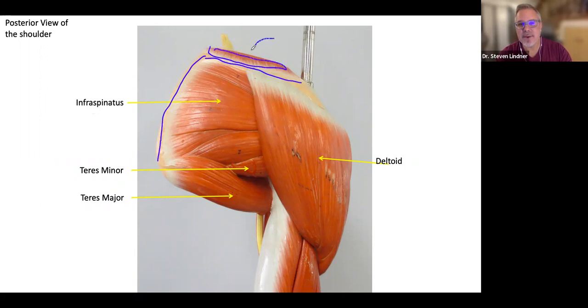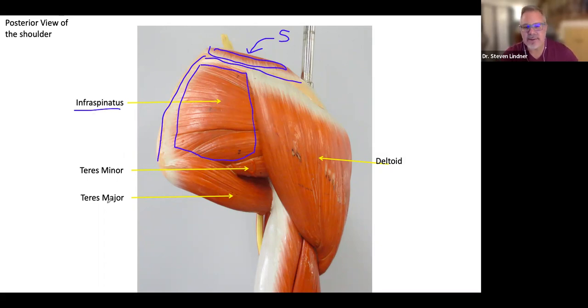And then deep to it, which we really can't see, that would be the supraspinatus. If it was tilted a little bit, we'd be able to see it. So here's the infraspinatus, all of this. This is all infraspinatus.